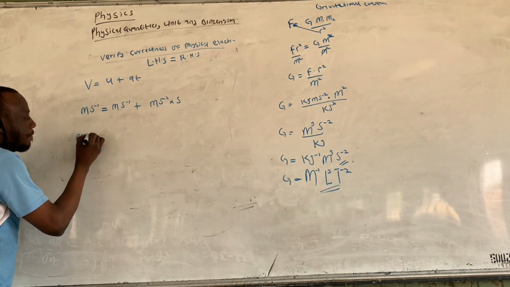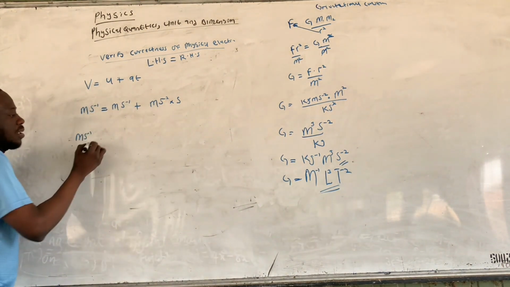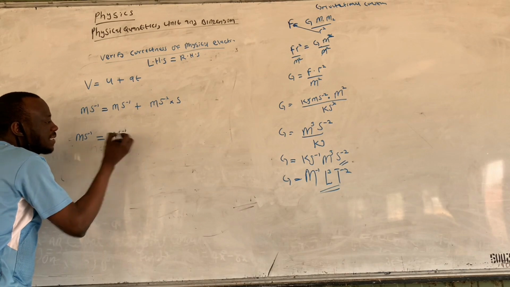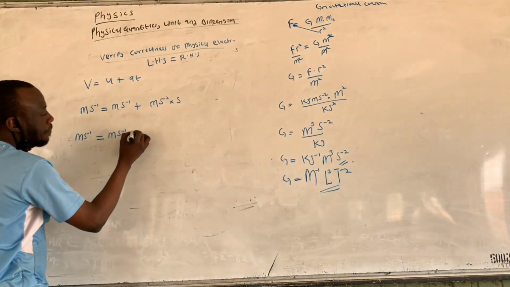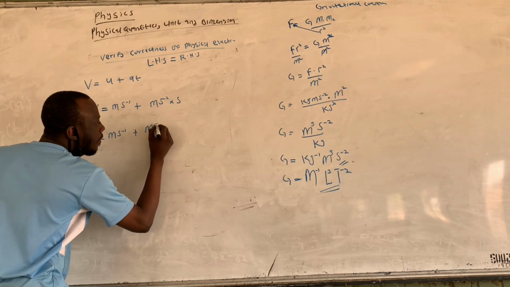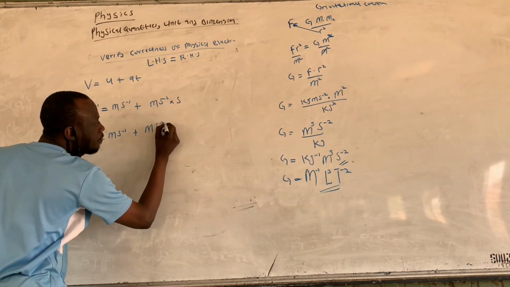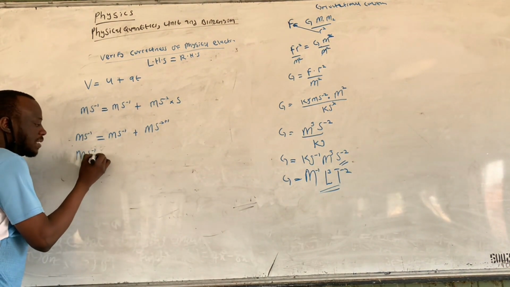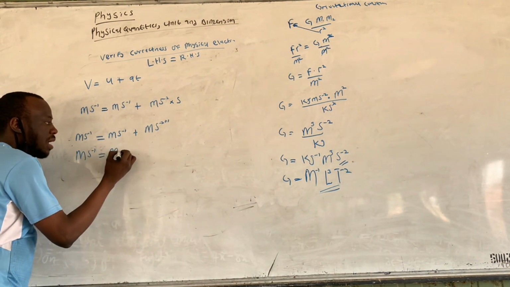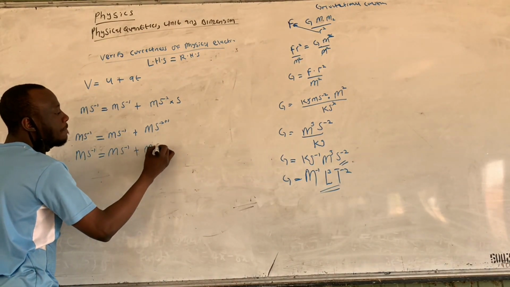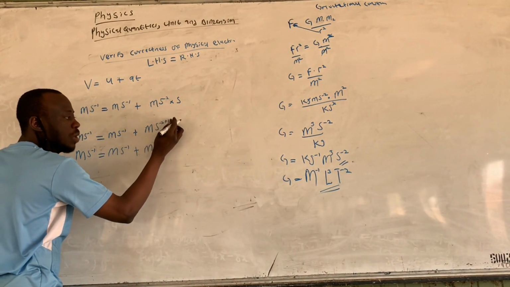Here you have meter per second equals meter per second plus meter per second, with minus 2 plus 1.